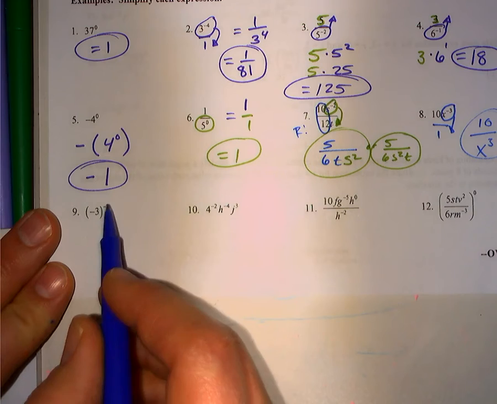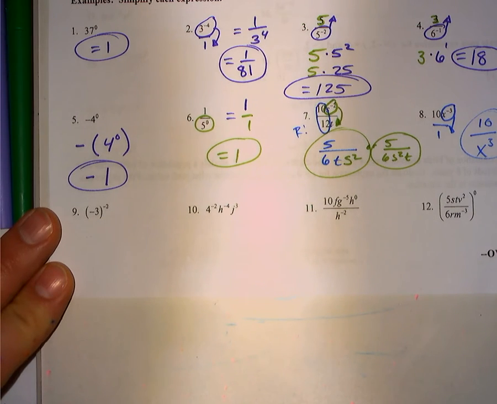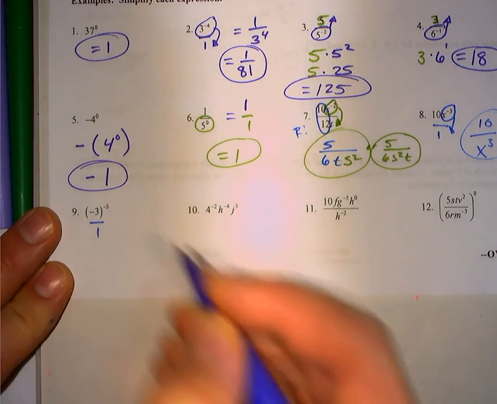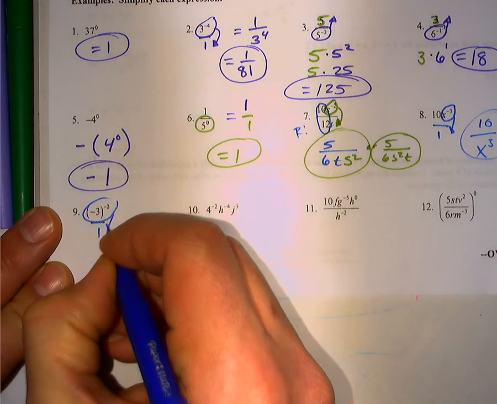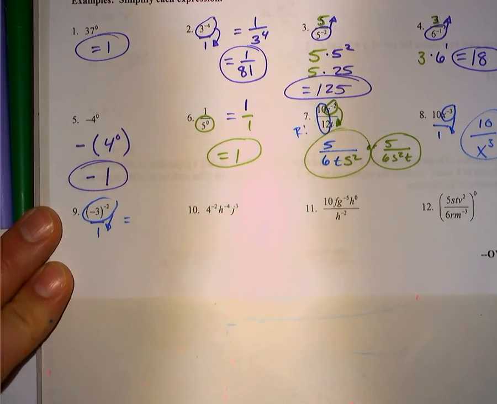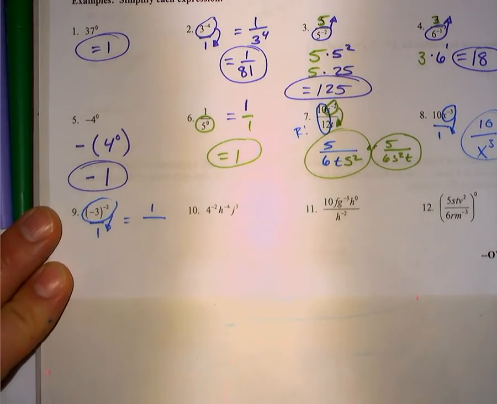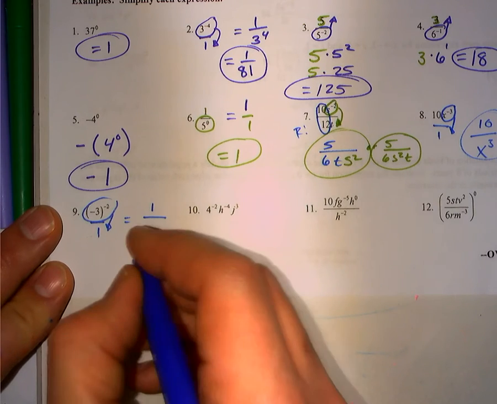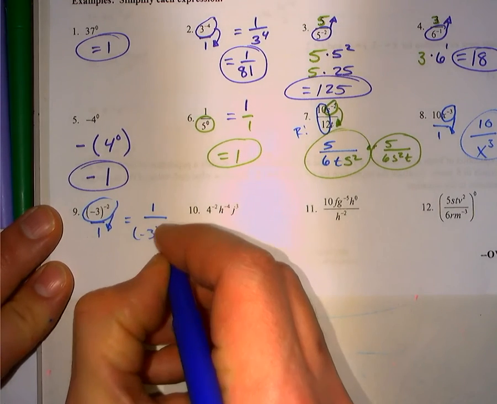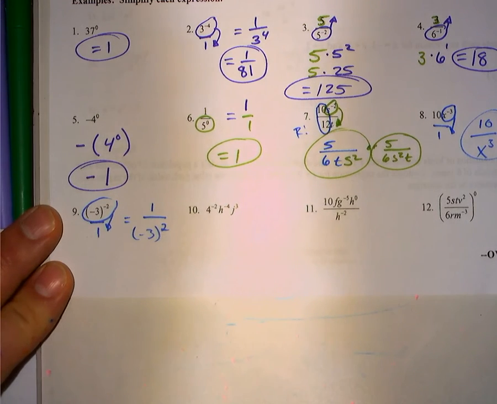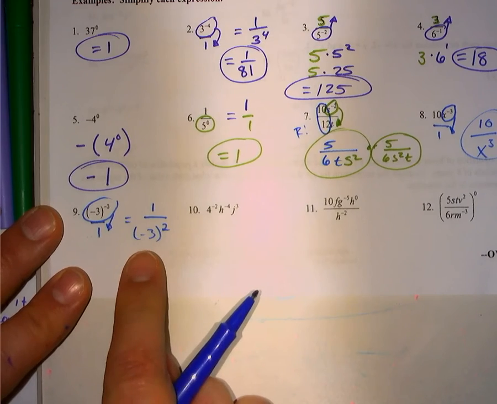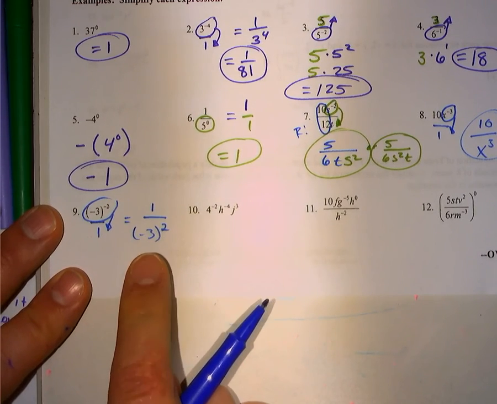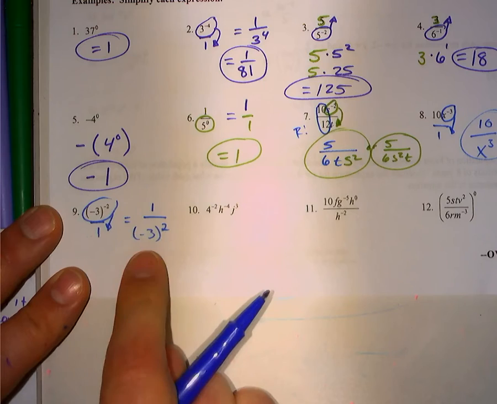I've got negative 3 raised to the negative 2 power. Take that whole thing, because it's a negative 2, I'm going to send this guy downtown. So now I got left with just 1 on top. So we have a kind of a placeholder. And then I have negative 3 and then make it squared. So this is a little bit different than number 5. I'm actually taking the negative 3 and squaring it. So what's negative 3 times negative 3, or what's negative squared?